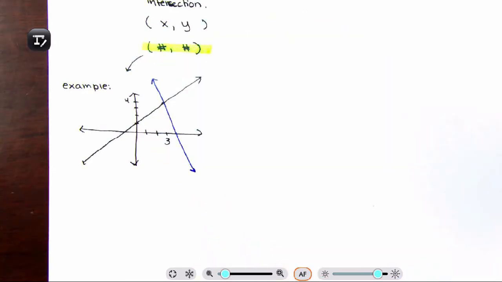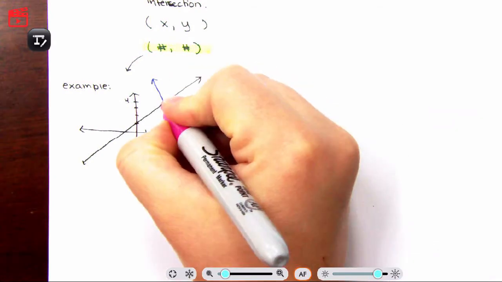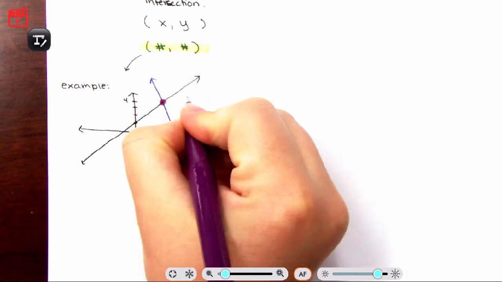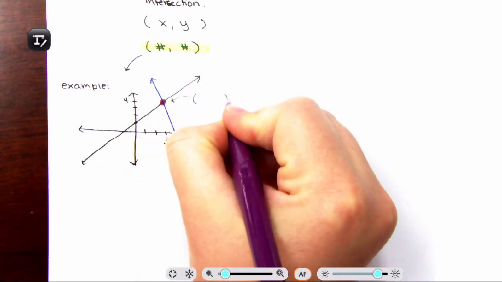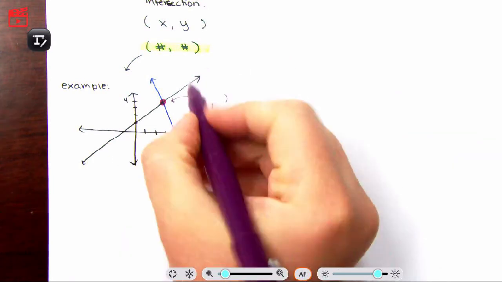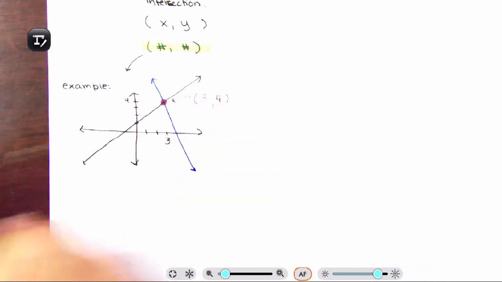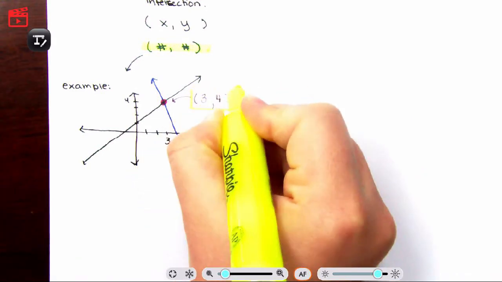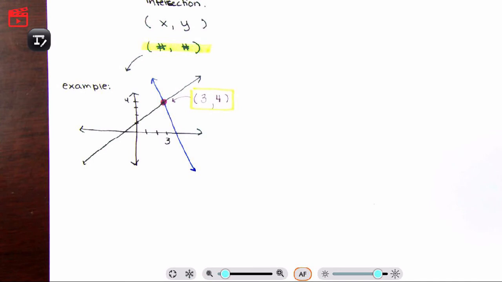How many times do these lines intersect? These lines touch one time, right here. Because they touch only one time, that means we have one solution. And what is that solution? That solution is the actual point where they intersect. They intersect at 3, 4. So your answer would be 3, 4 for something that has one solution.